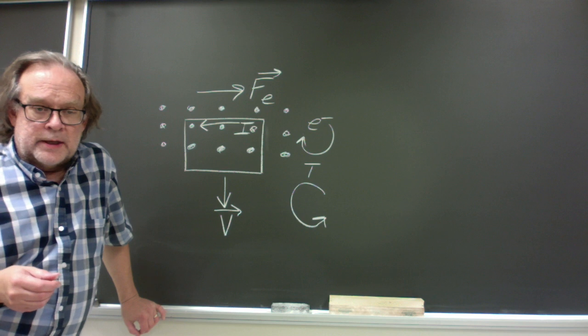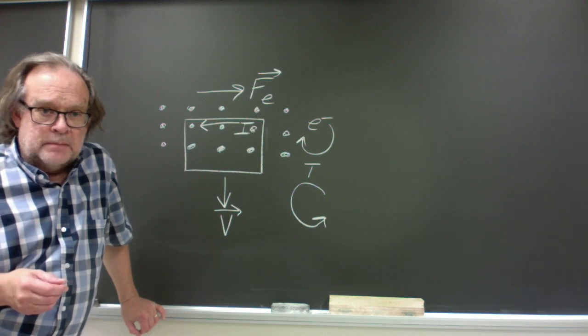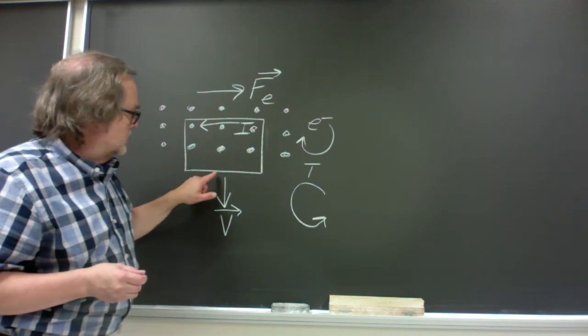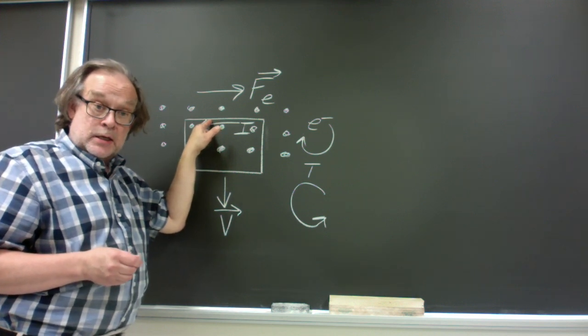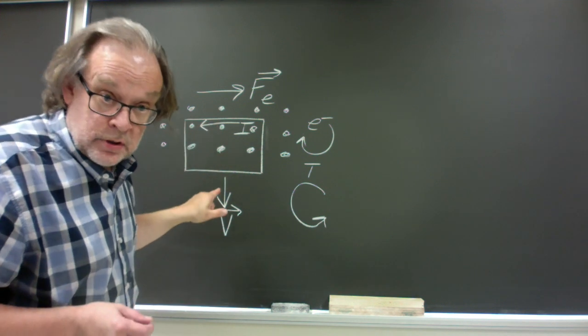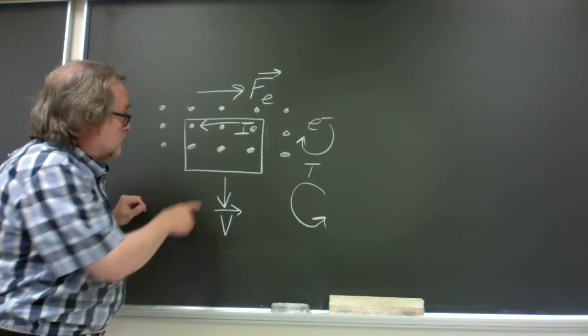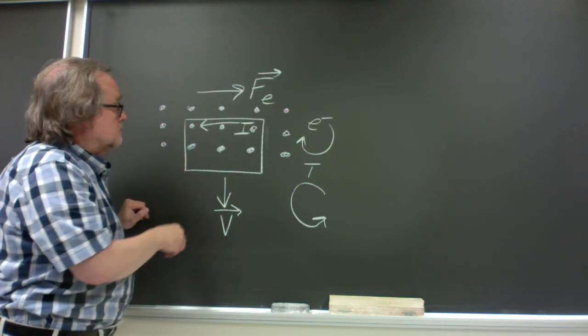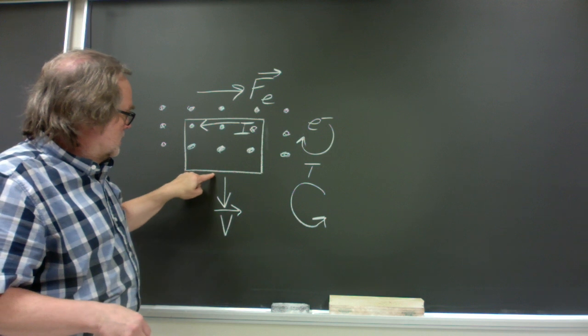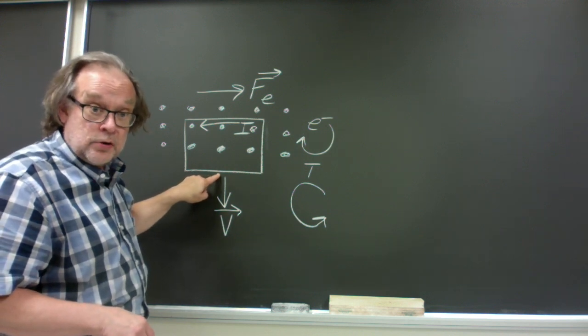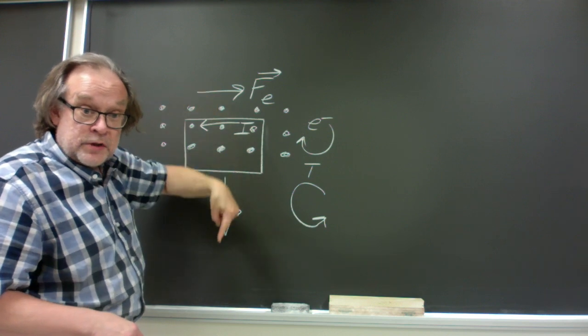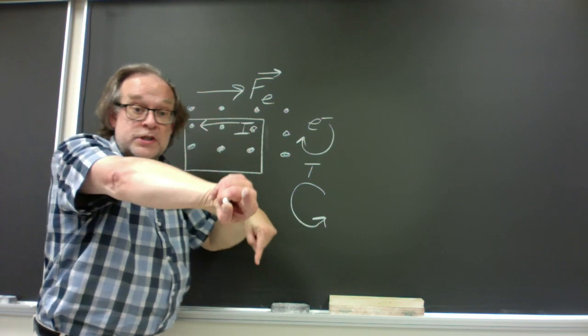Notice one important thing. That's only going to happen as long as you've got one side in and another side out of the magnetic field. Because if the electrons here in this part were inside the magnetic field, they'd be moving this way and feeling a magnetic force this way.